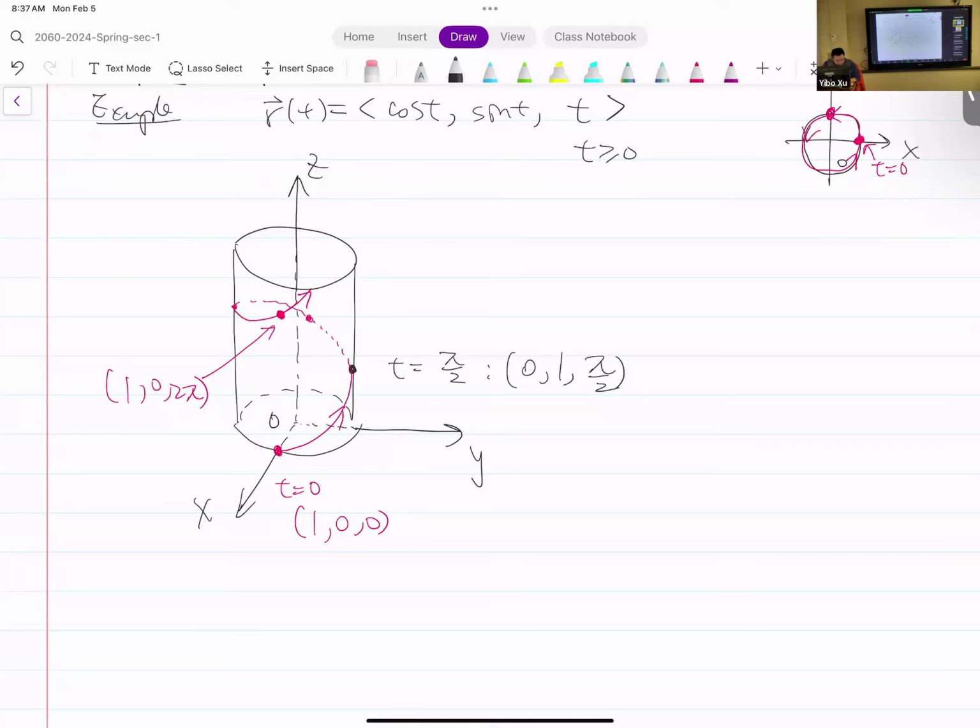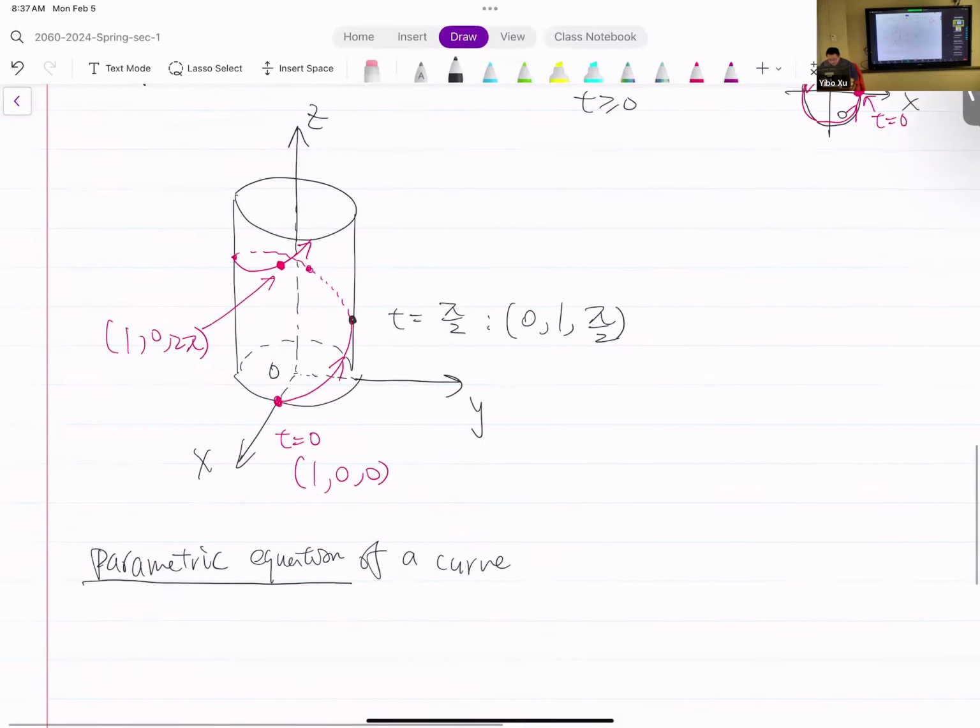Right. So, the parametric equation of a curve. Earlier we were talking about the vector function form, where we just put everything in terms of a vector and put the component functions in the XYZ components, right?